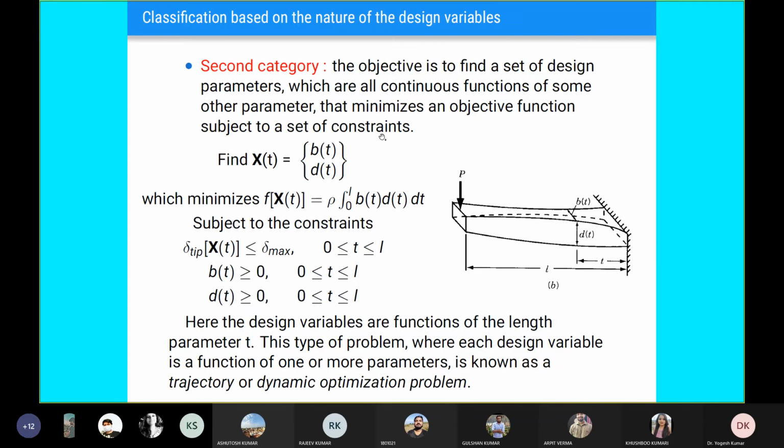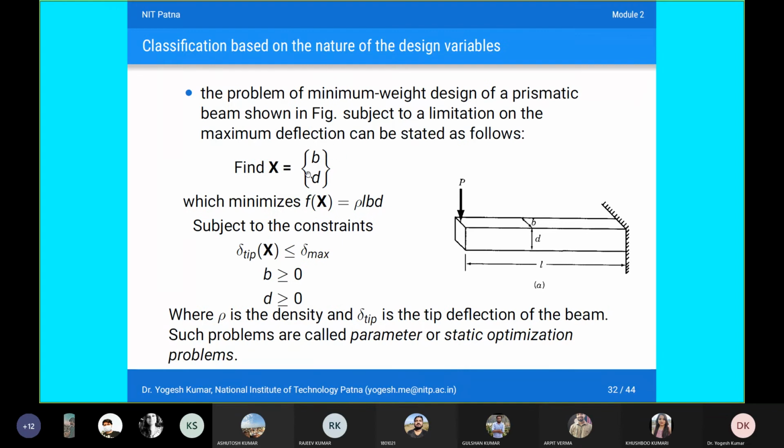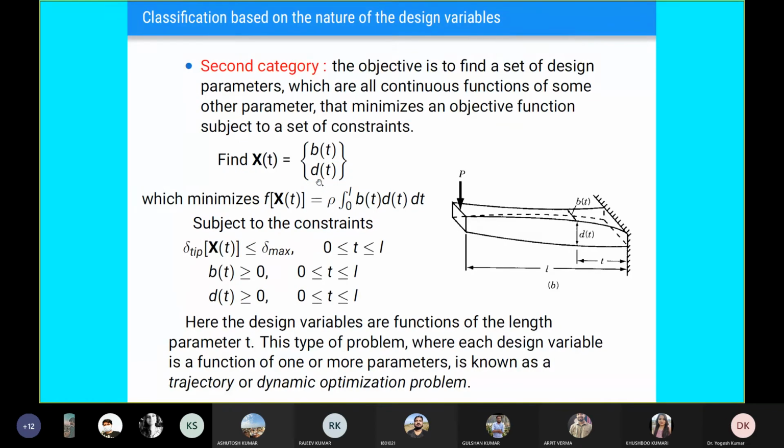Previously we gave the design vector as b and d, but here what will be the design vector? X(t) will be b, which is a function of t, and d, which is again a function of t. So in this case, for minimizing the weight of this particular cantilever beam, which is having varying width and height, how will we calculate the weight?